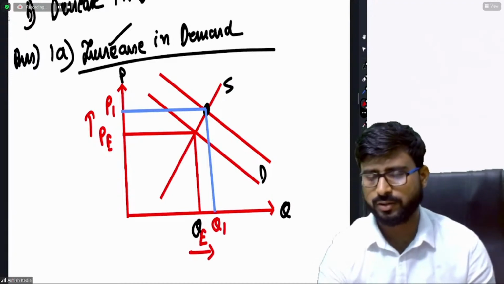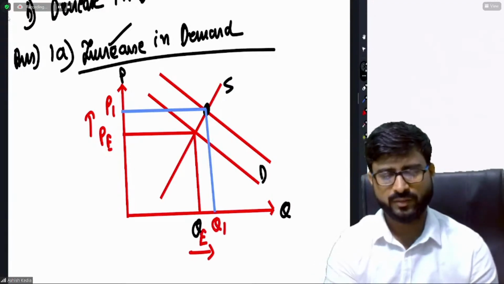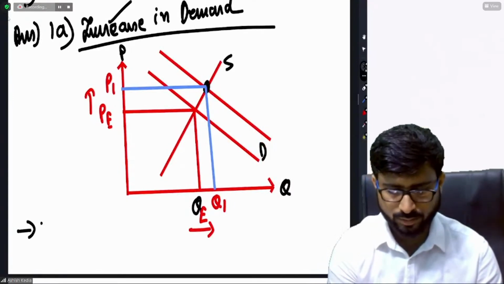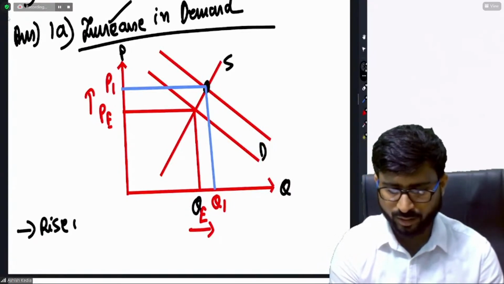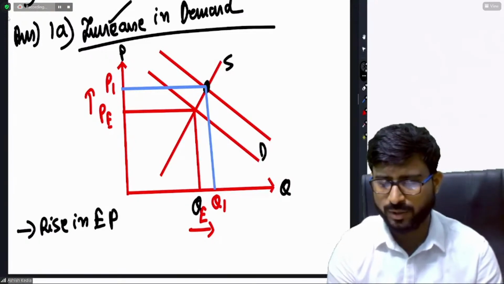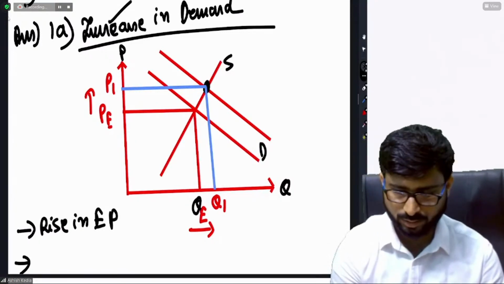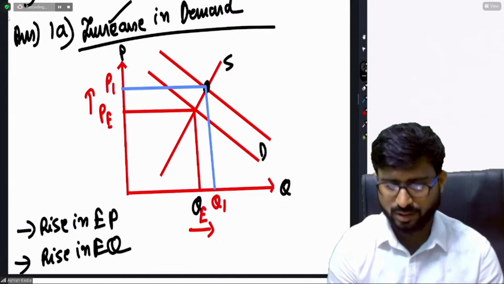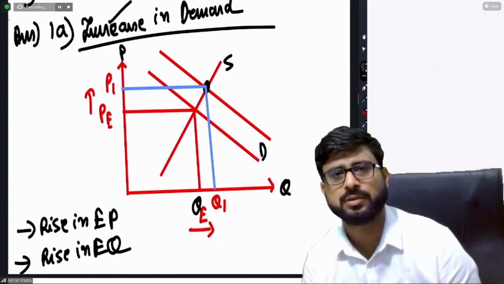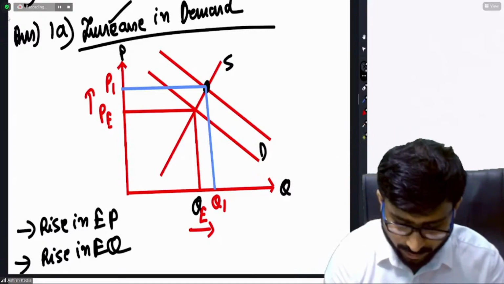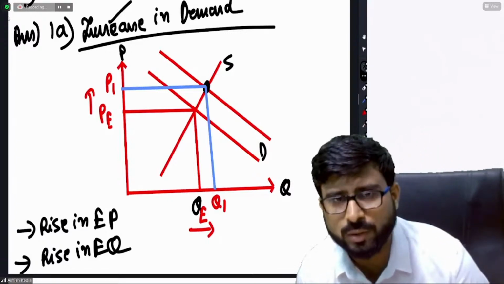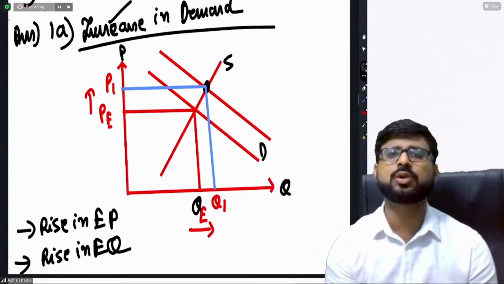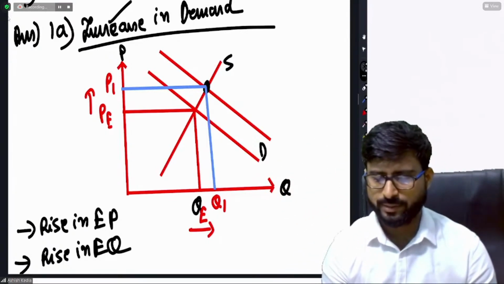Yes or no, everybody? So increase in demand leads to rise in equilibrium price, rise in equilibrium quantity. There it is. Understood or not understood, everyone?